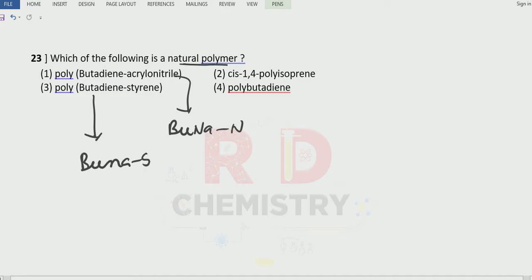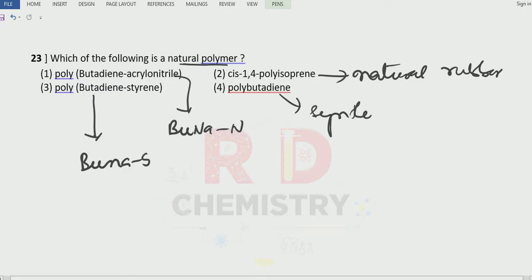Next one, cis 1,4 polyisoprene. This is a natural rubber. And next one, the polybutadiene is also synthetically prepared. So it is a synthetic, clear? So the answer is option number B.